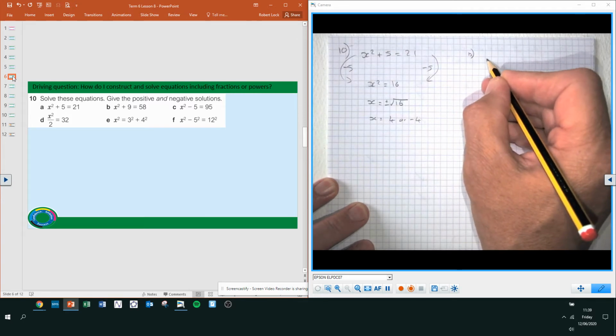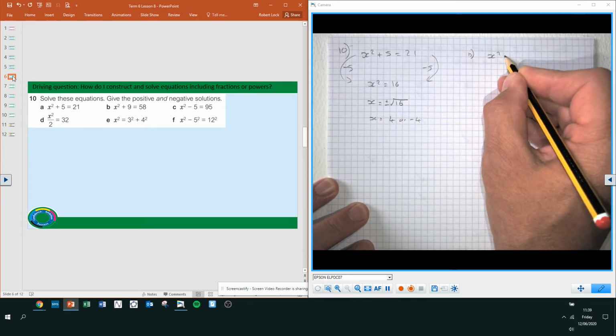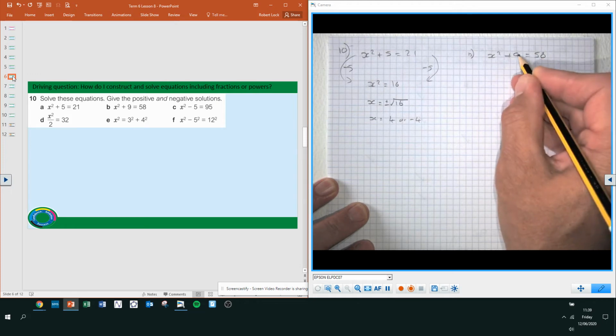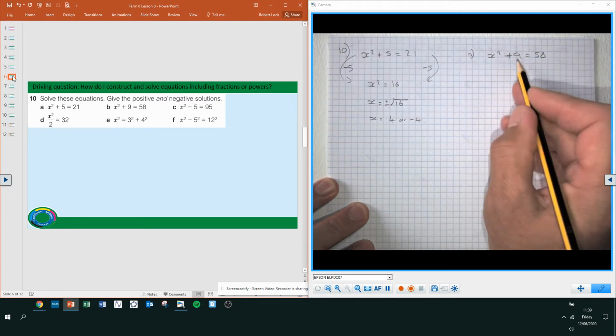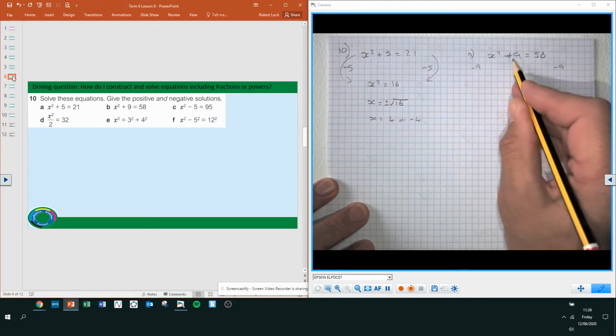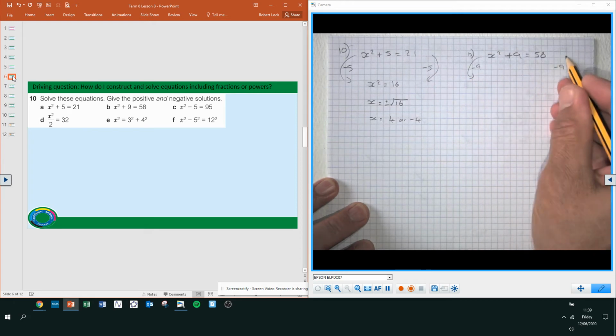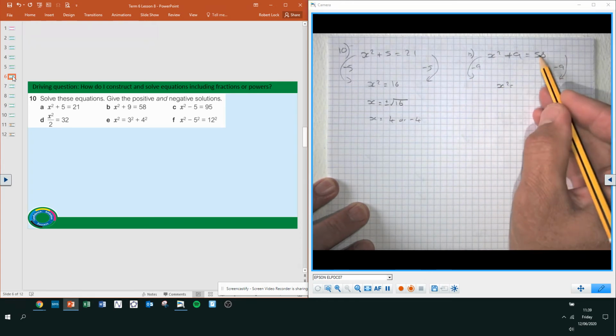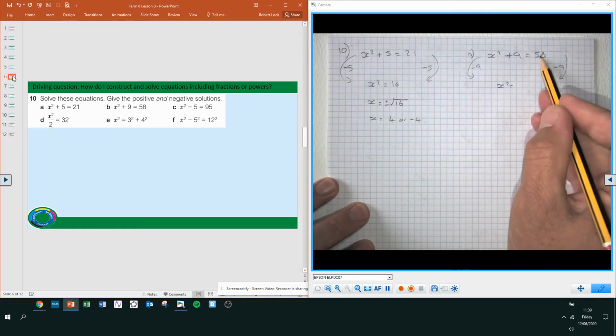b. x squared plus 9 equals 58. Get rid of the 9 here, both sides, just leaving x squared on its own. x squared equals 58 take away 9. If I take 8 away, that's 50.